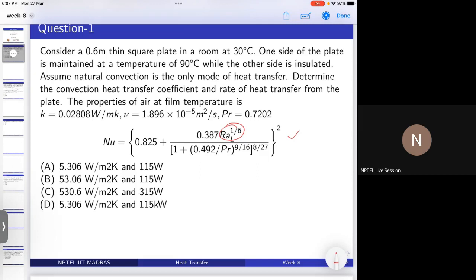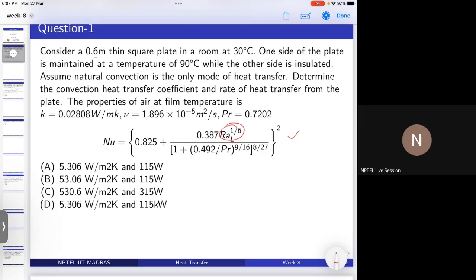Has anyone got the answer? Sir, here the length is not given.